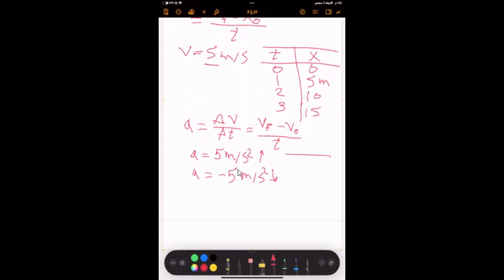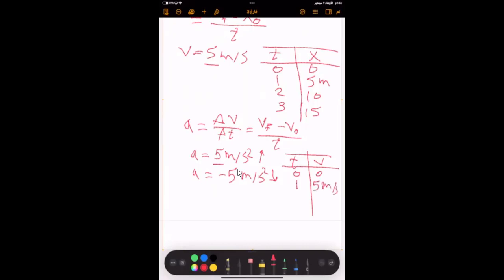If we make a table for time and v, at t equals 0, let v equal 0. Start from rest. After 1 second, the velocity will increase to 5 meters per second.